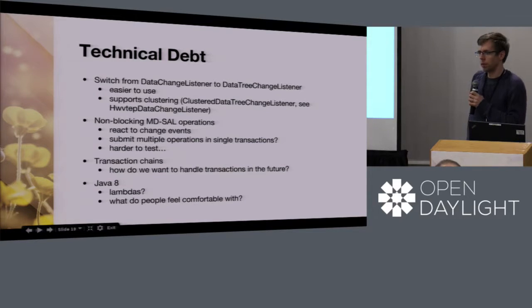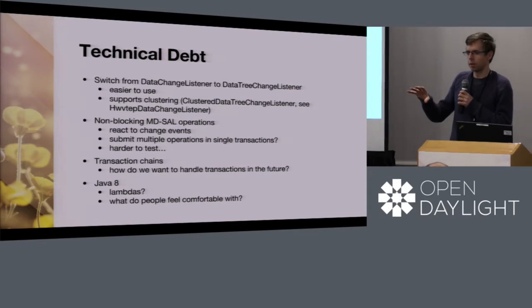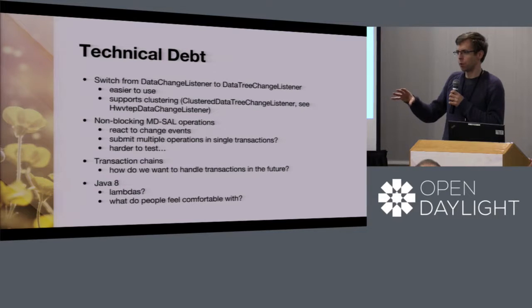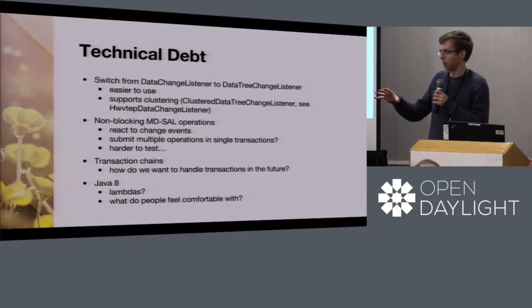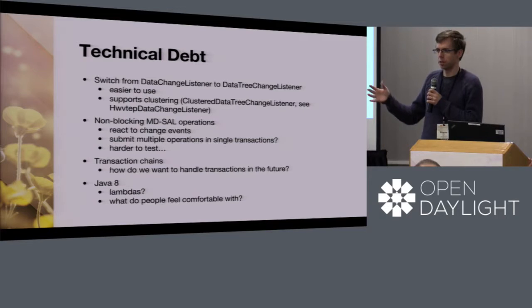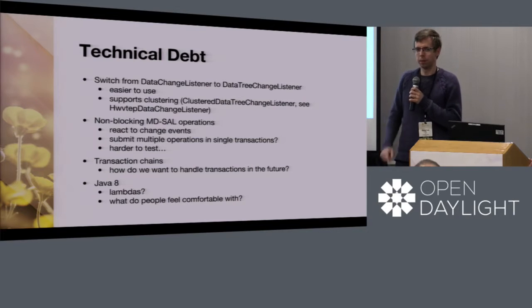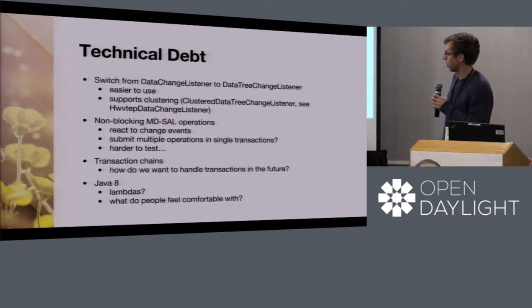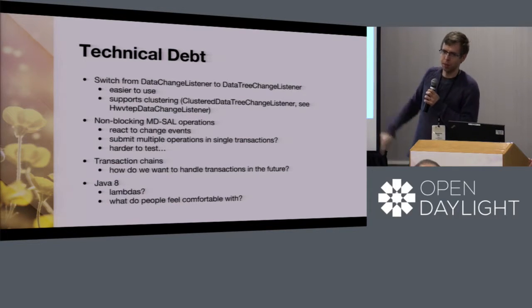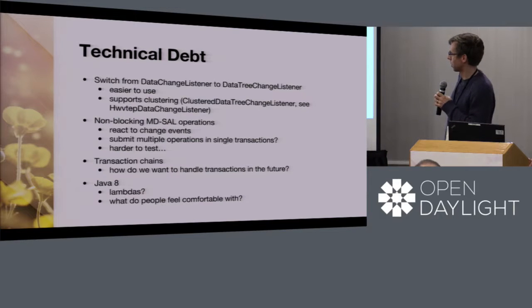If we can get coherent sets of changes from a functional perspective into a single transaction and send that in one shot, it will be faster in the MDSAL, and if something goes wrong, we can roll back the whole transaction. But making it asynchronous makes it harder to test, which loops back to my previous slide about unit testing.